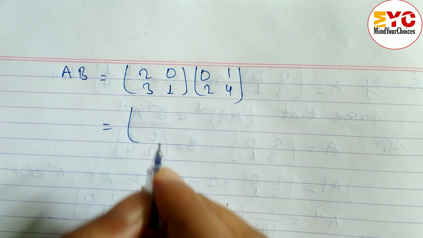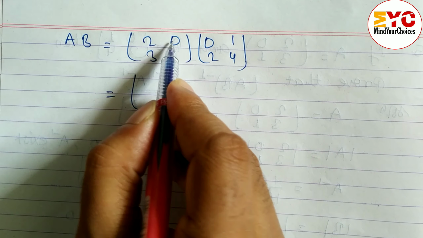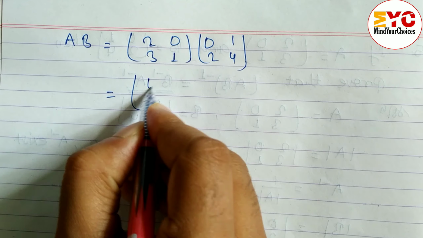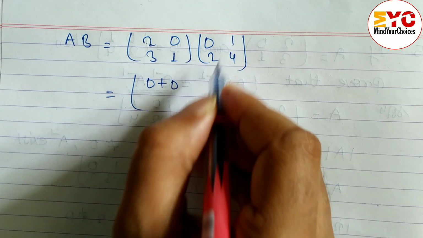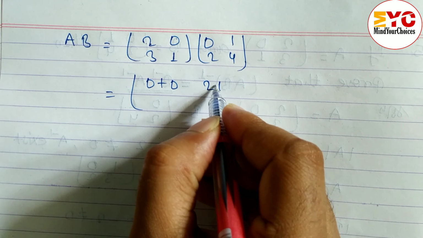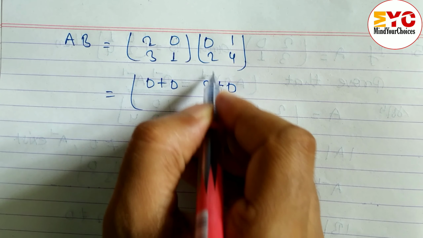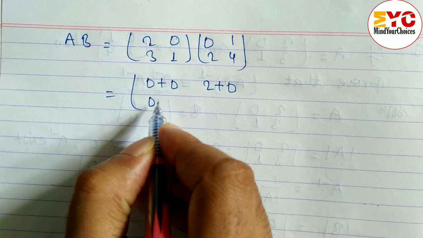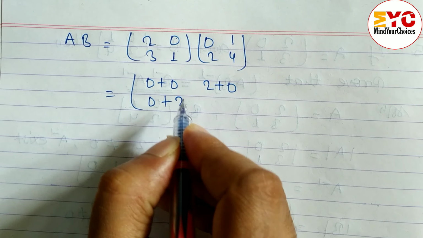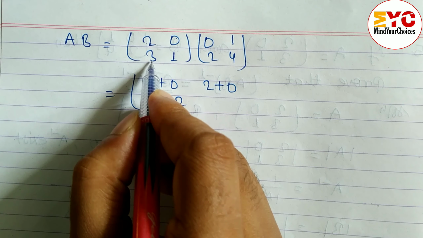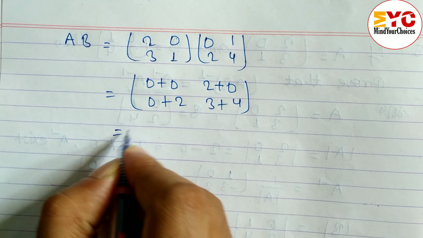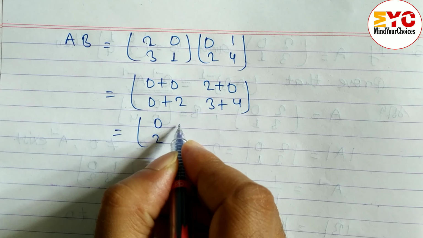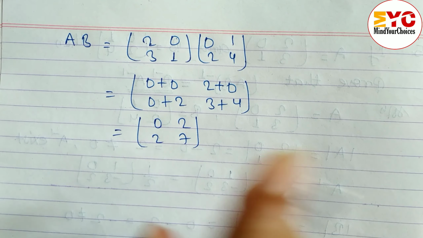First row into first column: 2 into 0 is 0, plus 0 into 2 is 0. First row second column: 2 into 1 is 2, plus 0 into 4 is 0. Second row first column: 3 into 0 is 0, plus 1 into 2 is 2. Second row second column: 3 into 1 is 3, plus 1 into 4 is 4. So we get 0, 2, 2, 7.